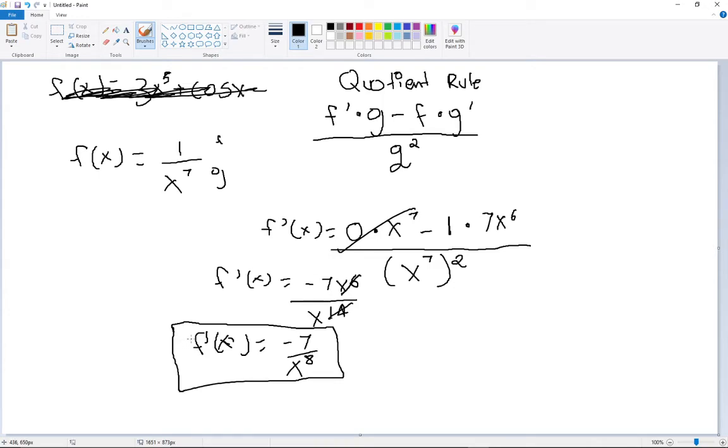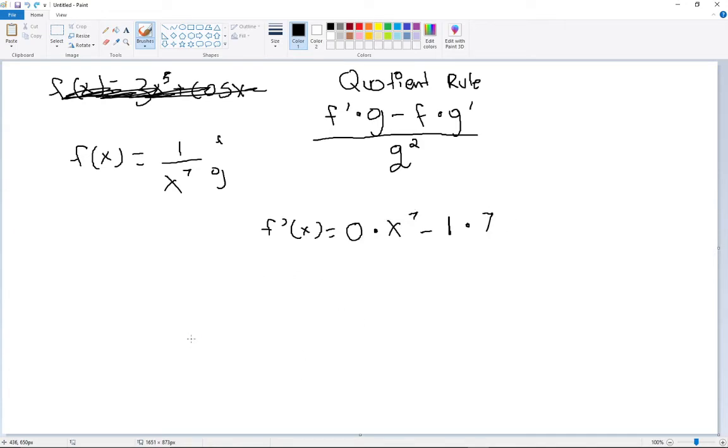Another method, if you don't want to use the quotient rule, is to use the power rule. For example, if I don't want to use the quotient rule because I'm out of time, I will rewrite the function.